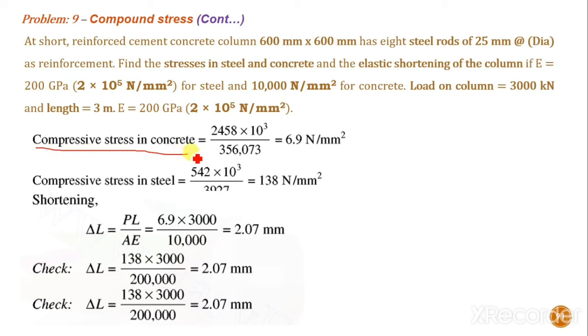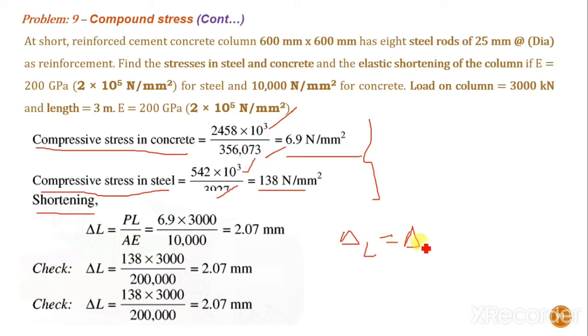Compressive stress in concrete is equal to force by area of concrete, and compressive stress in steel is equal to force divided by its area. Now we need to find out the shortening of length. So delta L is equal to P L by A E. Here delta L is equal to delta L1 is equal to delta L2.